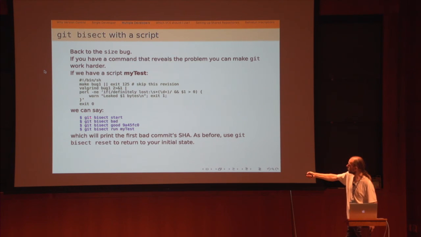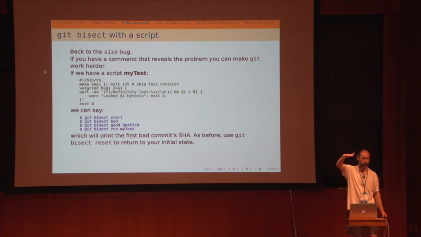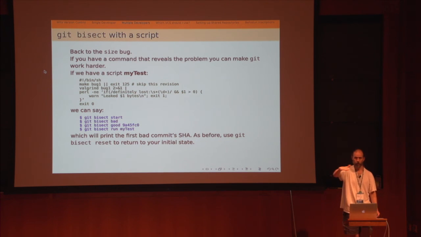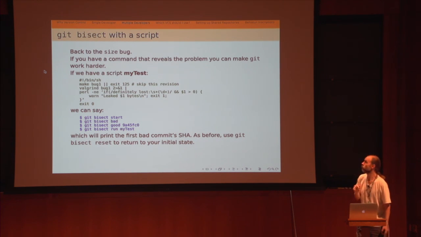So then I can run a command: git bisect start, git bisect I'm bad now, I was good here, run a bisection. For each of the versions you find in Git, with the change sets applied, run my test, and it'll go through, it'll check out a version, it'll say it failed, it was good, it was good, it was bad, it failed, and in logarithmic time, it will tell you where your problem was.